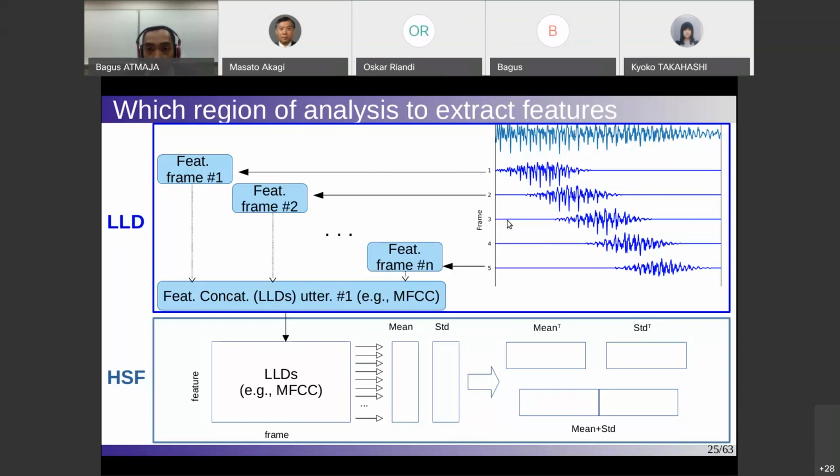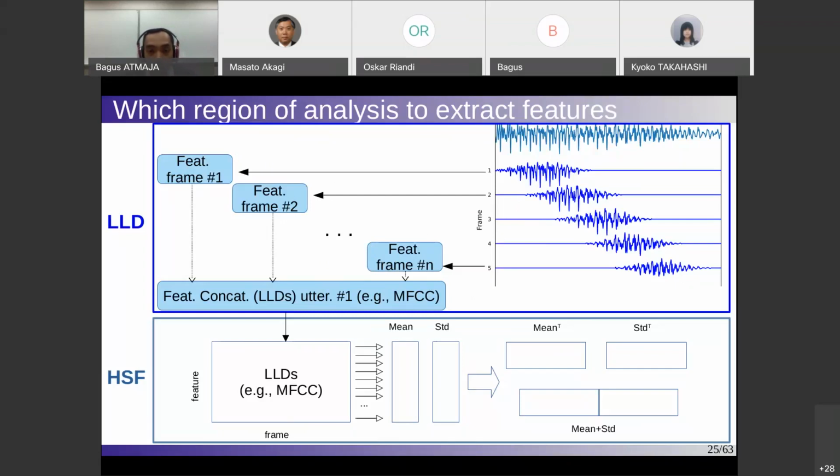So for representing one utterance, we concatenate all frames. So if one utterance has 3,000 frames, the size of the feature in the end will be 3,000 multiplied by 100 features. Instead of using this local feature, another researcher proposed to use global feature.